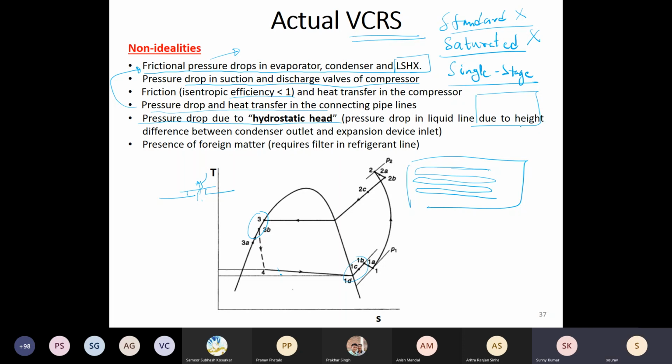Or in your refrigerator, you see the freezer is on top, whereas the compressor is placed at the bottom. So the compressor is also pumping the fluid all the way to the top. Okay, so you also have the hydrostatic heads coming into the picture.